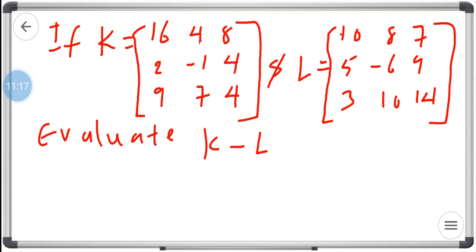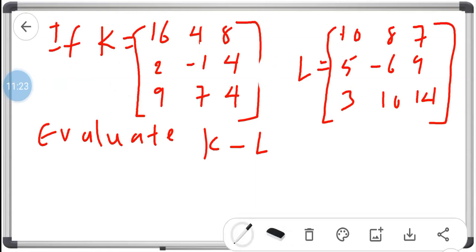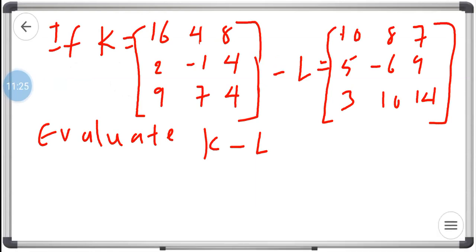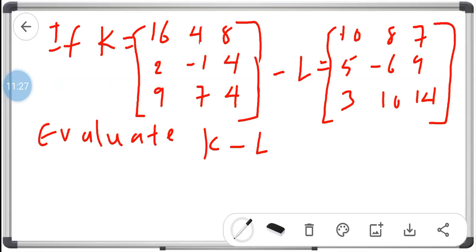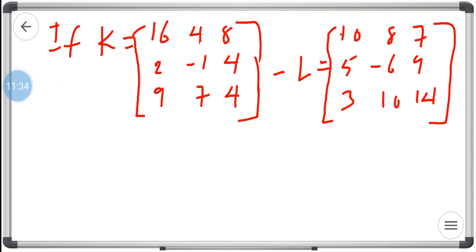Now to subtract that, let me just change this to subtraction minus, and let me erase it so that we can solve the question here. Now let's solve. Don't forget how we normally add, and the same way is how we subtract.